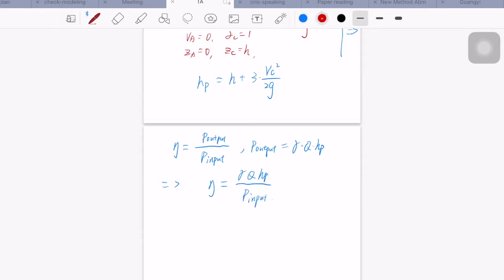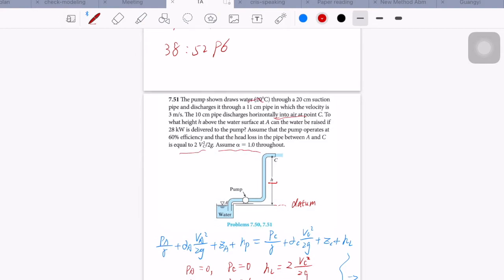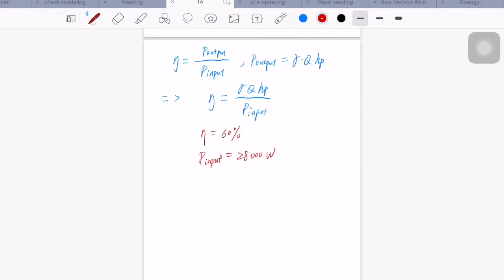And from the problem, we know that eta is 60%, and the P input is 28,000 watt. And when the water is at 20 degrees Celsius, we know that gamma should be equal to 9790 newtons per cubic meter.